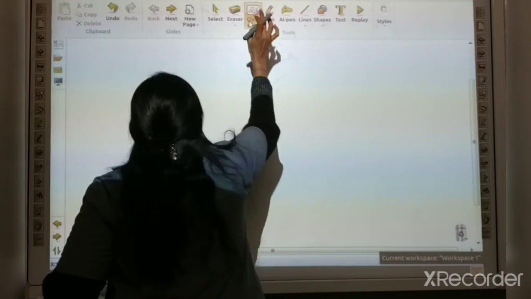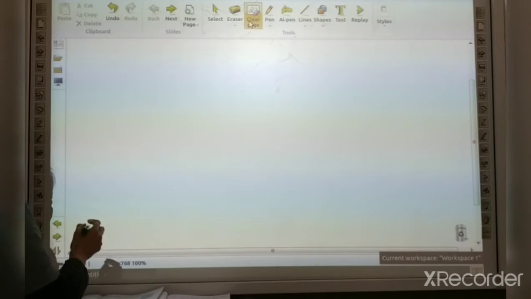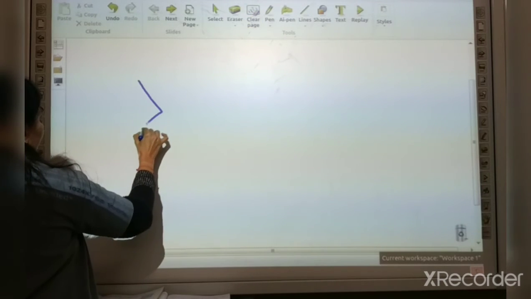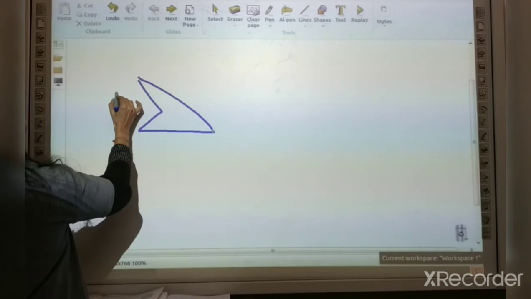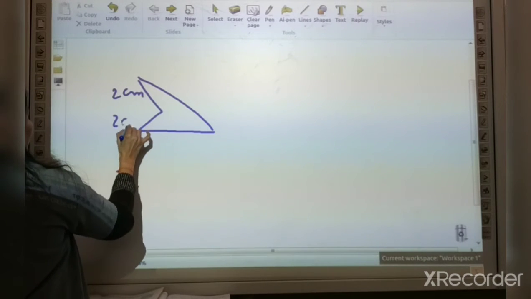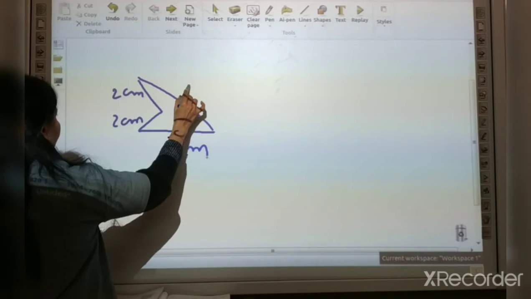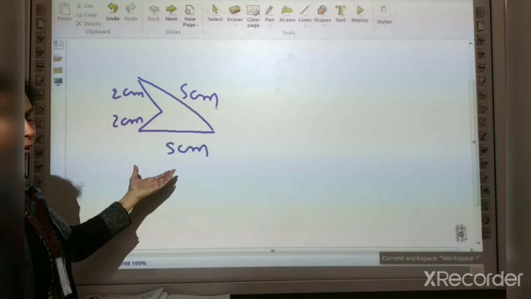So find the perimeter of regular and irregular shapes. Suppose here it is given, it is an irregular shape, and find the perimeter.